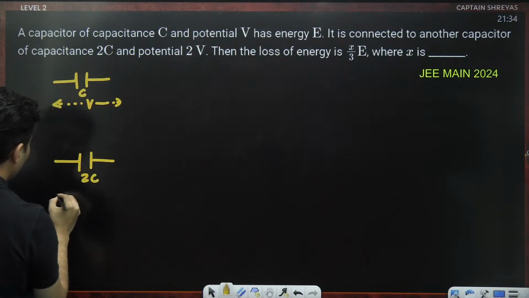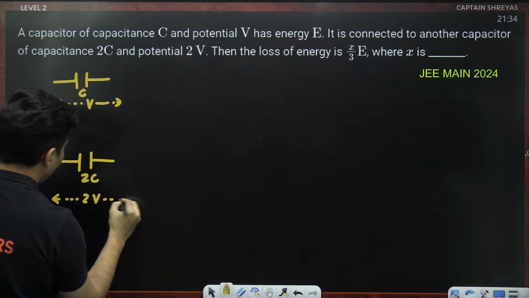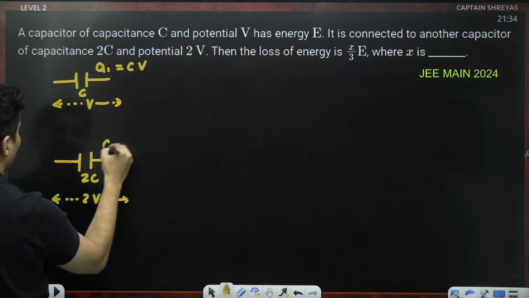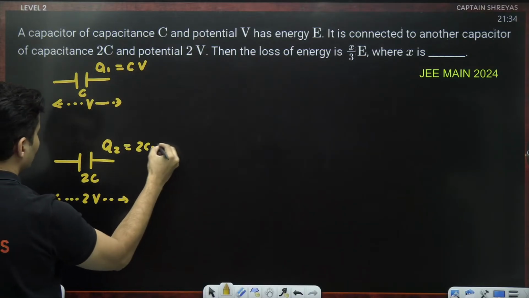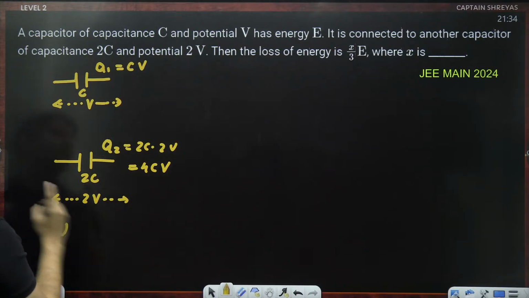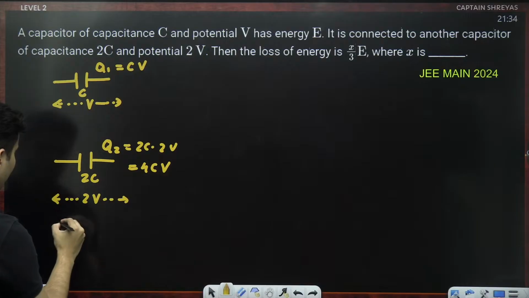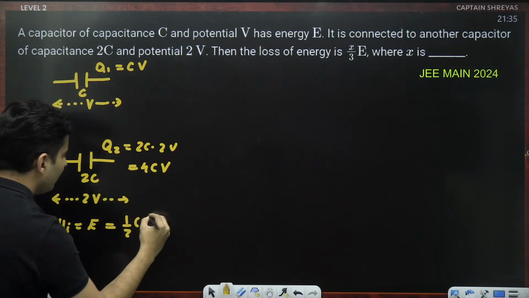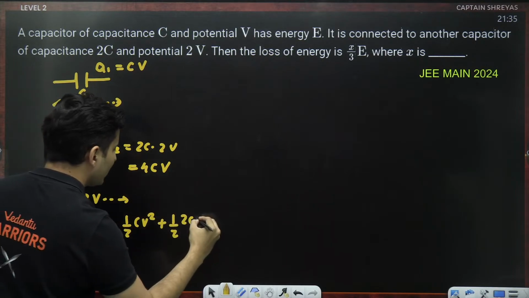Capacitance 2C, voltage 2V, perfect. The original charge on this one will be CV. The original charge on this capacitor will be 2C into 2V, which is 4CV. The original energy, initial energy, will be E, which will be given by half CV square plus half 2C into 2V square.